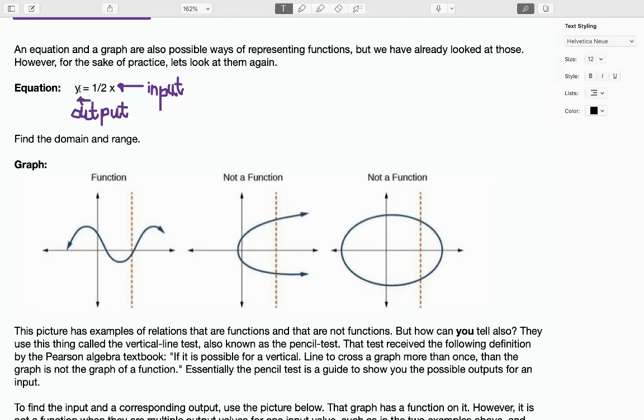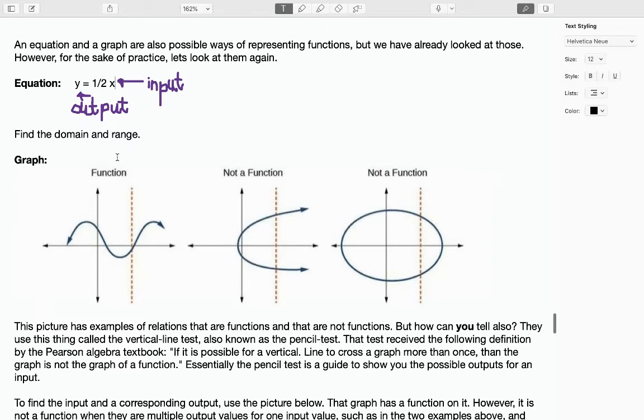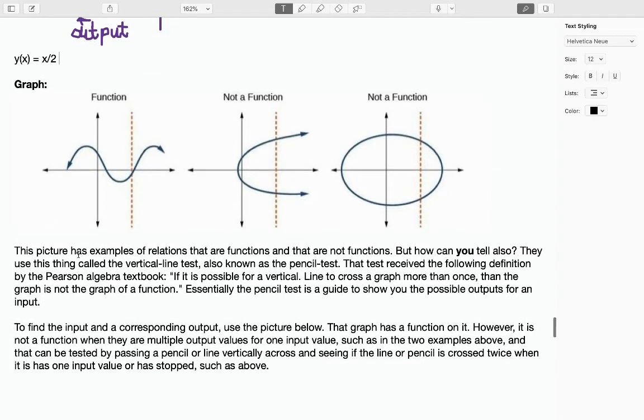And as you can see, y is the output and x is the input. You can also clarify that that's a function. y equals 1/2 x, or x over 2. Doesn't matter, it's the same thing.